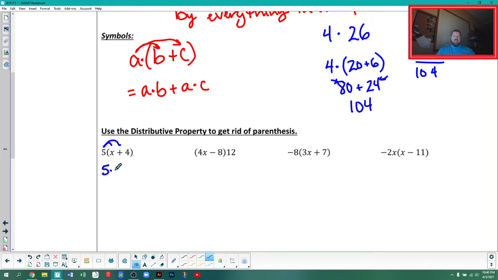So I'm going to have 5 times x plus 5 times 4. But 5 times x we just write as 5x, and 5 times 4 we just write as 20. And we're good to go. That is considered to be more simplified than this step. This step is complex. This step is simple.